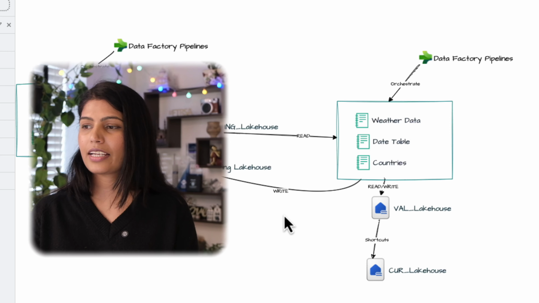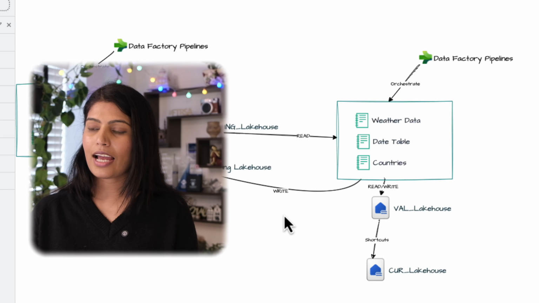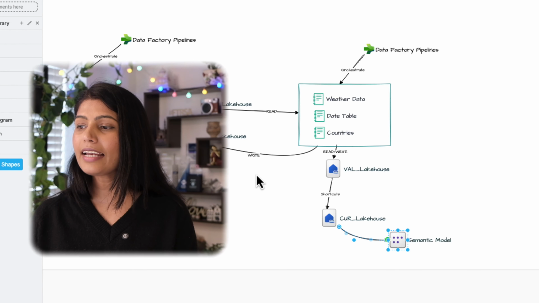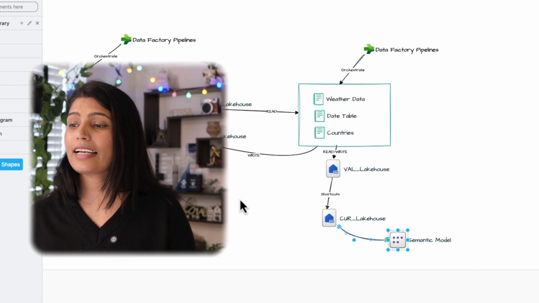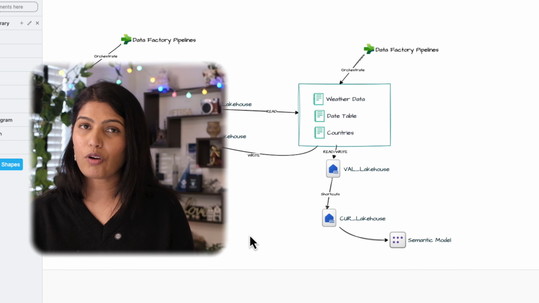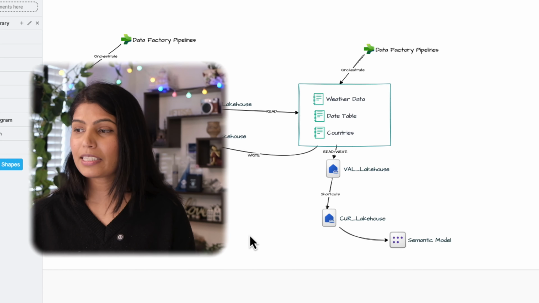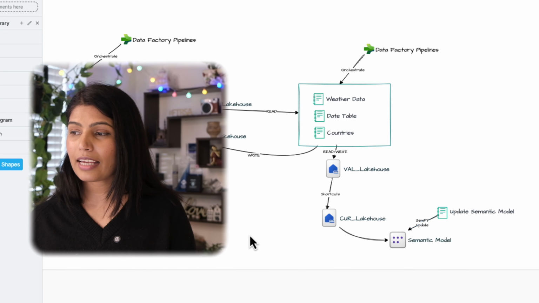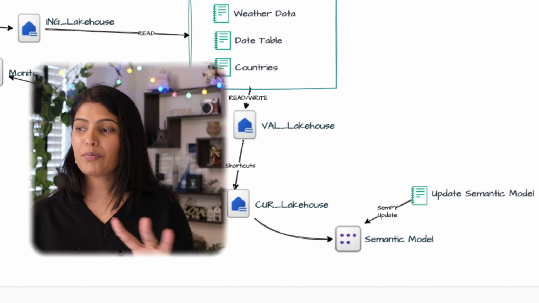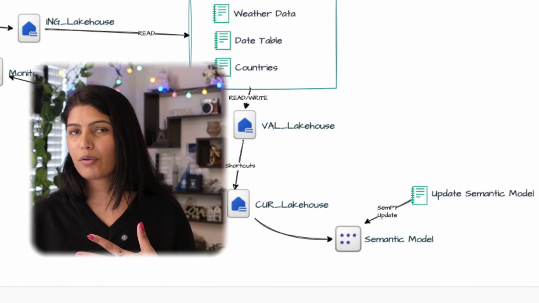So what we have here is another lakehouse where I am creating shortcuts for my curated tables from my validated lakehouse. And on top of this curated lakehouse, I'm creating a semantic model. Instead of using the default semantic model, I'm creating a separate semantic model, and I'm going to update that semantic model by using another notebook, which in most cases is going to be a one-off notebook.